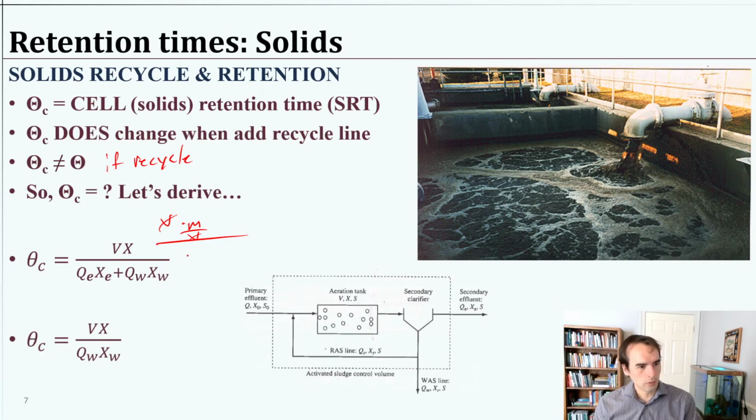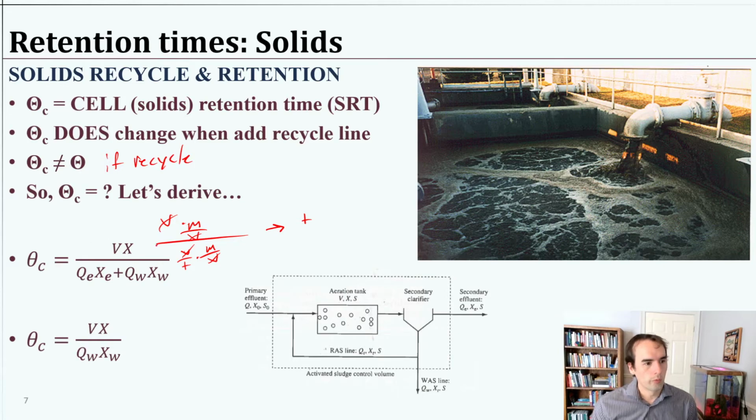So the units on the bottom are going to be the flow rate is volume per time, and multiply that by our mass per volume. Sure enough, the volumes are going to cancel. We're going to have mass on the bottom and per time on the bottom. And so ultimately that gives us time, which is what we want for a solids retention time.